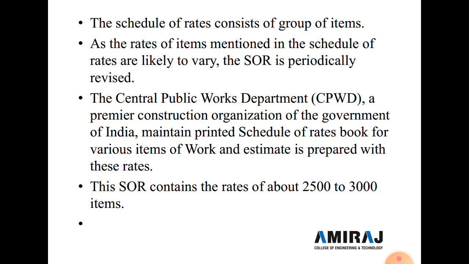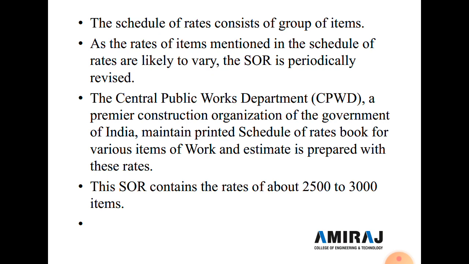So the Central Public Works Department, CPWD, the premier construction organization of the Government of India, maintains the printed schedule of rates book for various items of work, and estimates are prepared with these rates.